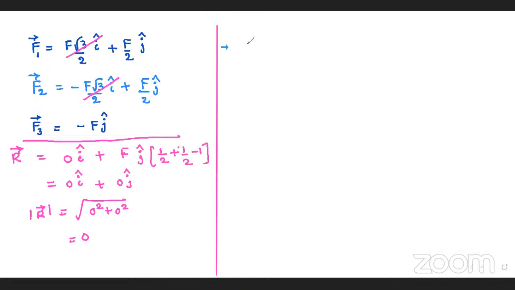The vector, now I am writing, having the magnitude 0, that is 0, is called, we are giving some name to it, is called null vector.